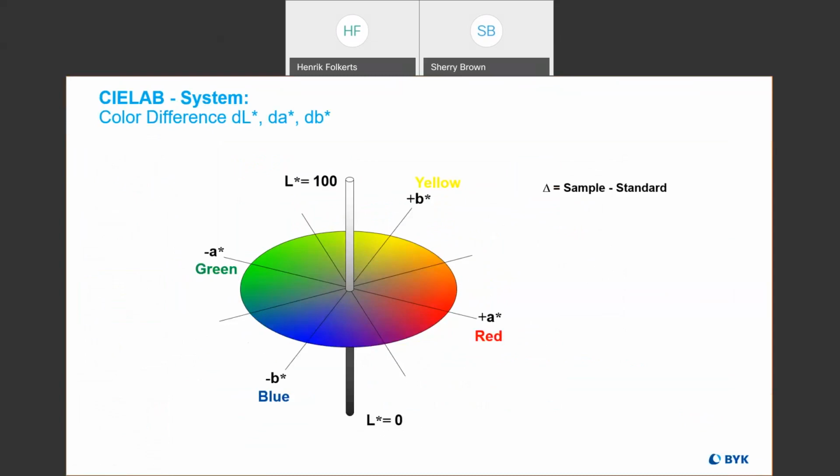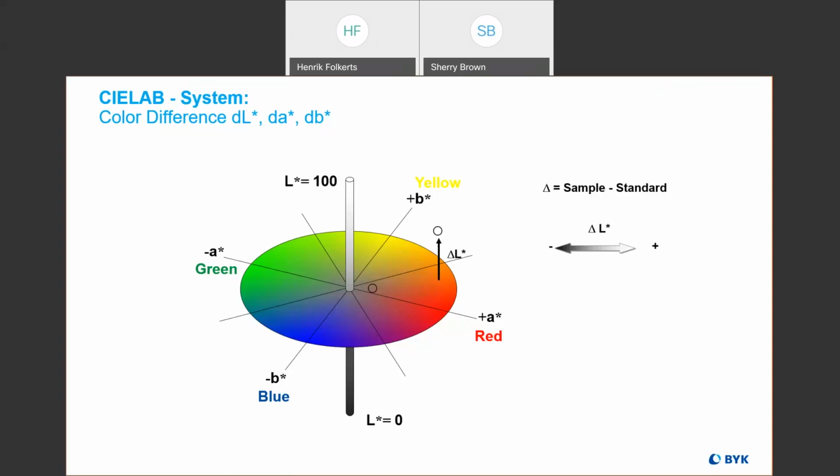So when we measure color, when we quantify it in this way and we get our set of LAB values or LCH values, what we're really interested in doing is we want to know the difference between two colors. And so in order to do that, we have to measure the color of both of the colors that we're comparing. We generally refer to these as a sample and a standard. The standard is your target color that you're trying to reach, and the sample is your production color or whatever.